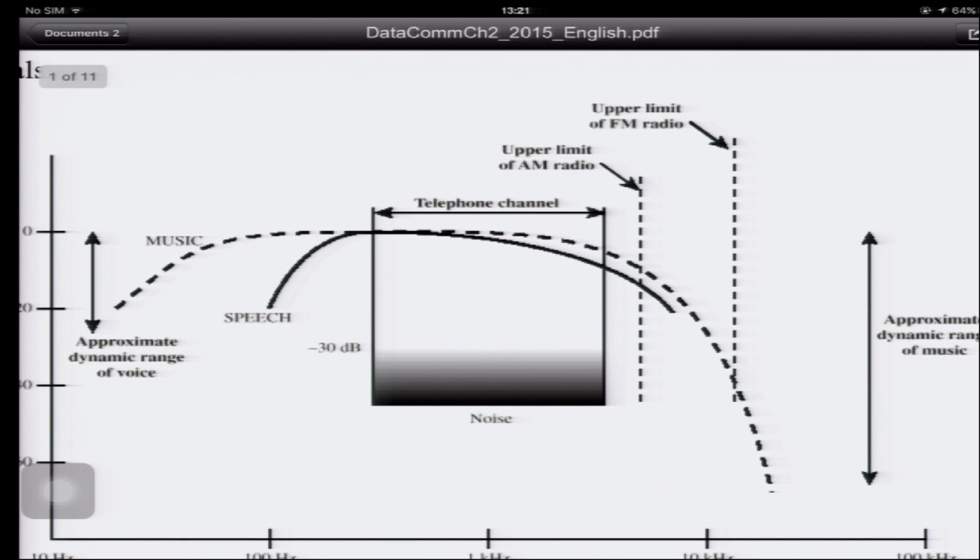The telephone channel is designed to pass the signal in this frequency range because of human speech. When we talk, the frequency is from about 100 Hz to less than 10 kHz, so the telephone channel is designed over here.